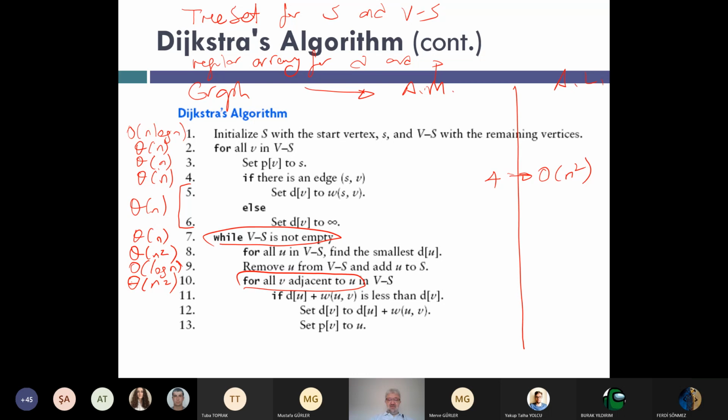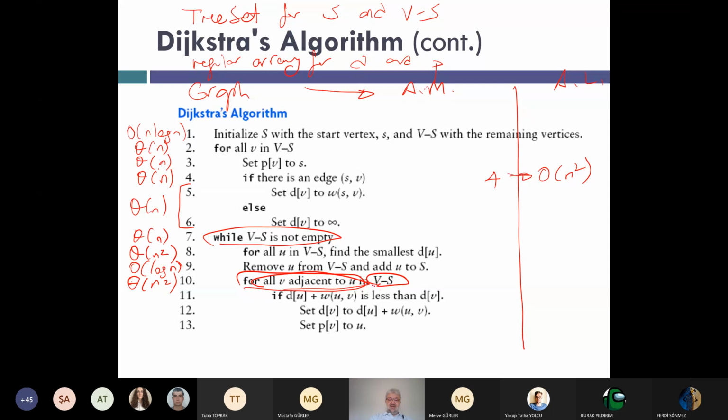It depends on the implementation, but if we find the adjacent vertices first, then check whether it is in V minus S or not, then checking whether it is in V minus S has to be performed 2m times, once for each edge.